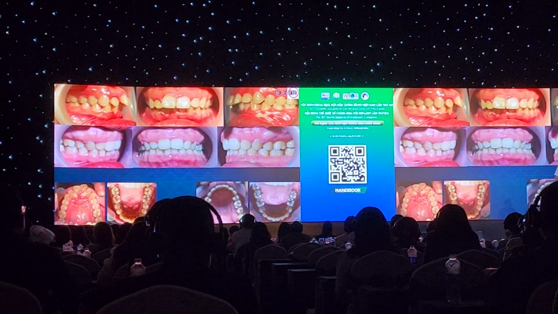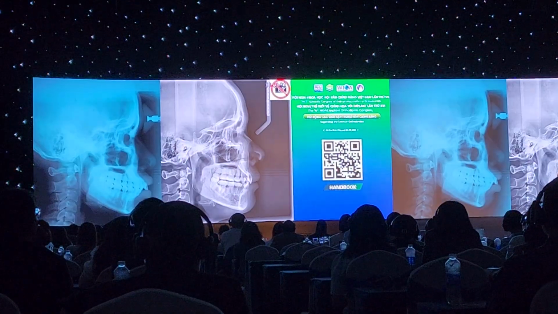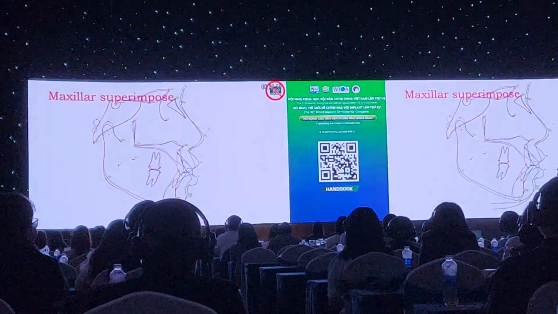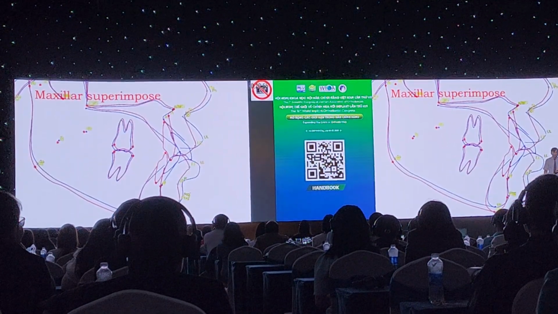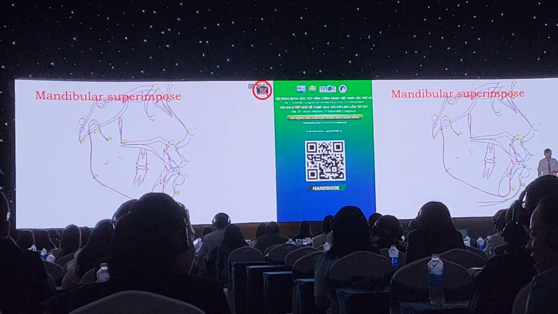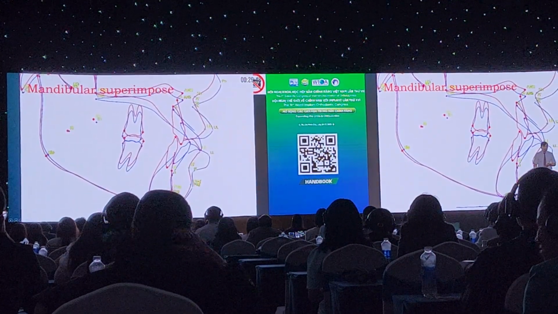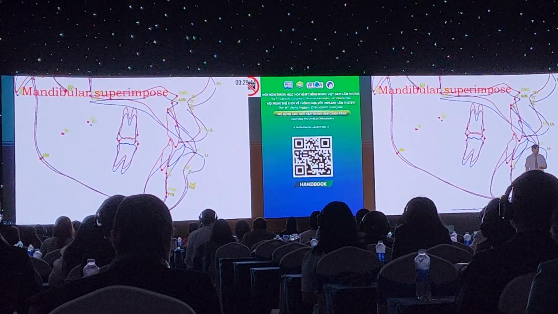I look at the occlusion before and after. And with the cephalometry, I do the tracing, I superimpose. In the maxilla, I control the vertical, both on the lower. I bring the front teeth back, but at the same time I extrude the teeth.